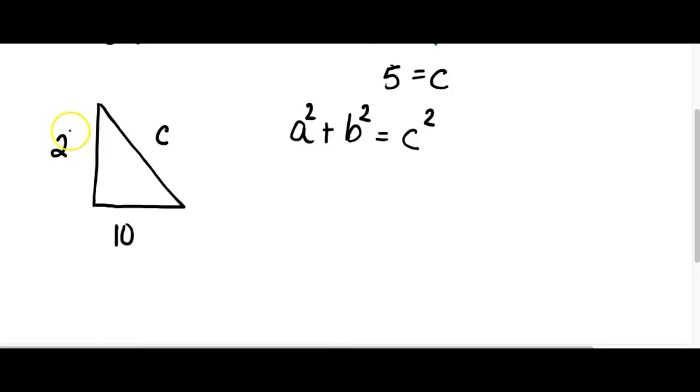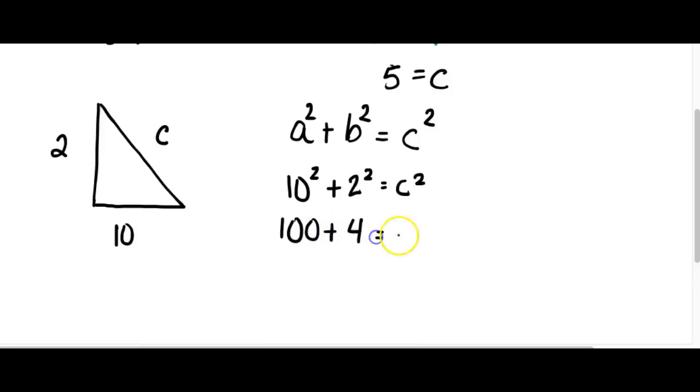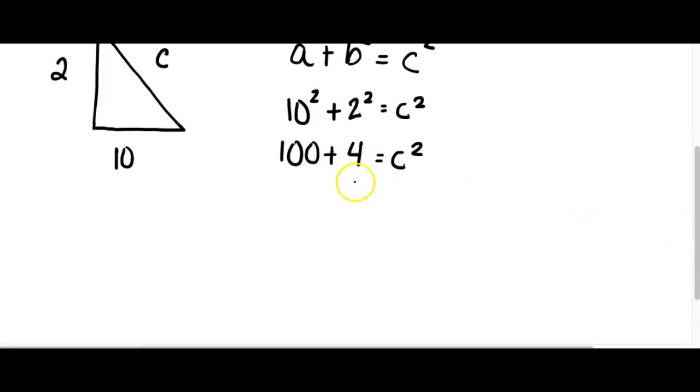All I have to do is plug them in, and it doesn't matter if this is A and this is B, or this is B and this is A. So I could do 10 squared plus 2 squared equals C squared. I have to square first, so 10 squared is 100, 2 squared is 4 equals C squared. Okay, 100 plus 4 is 104 equals C squared.